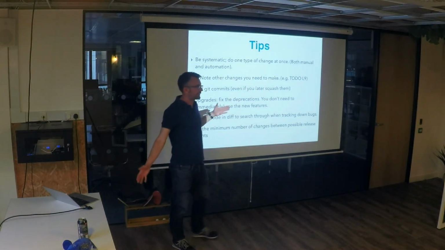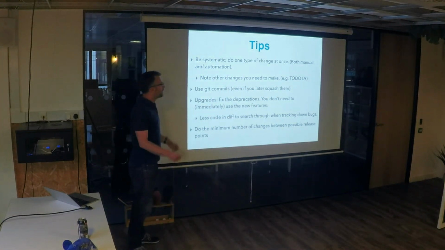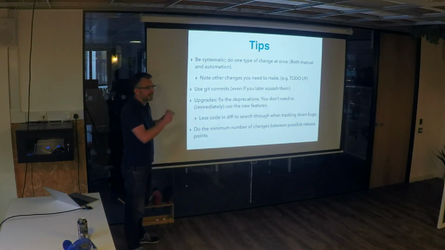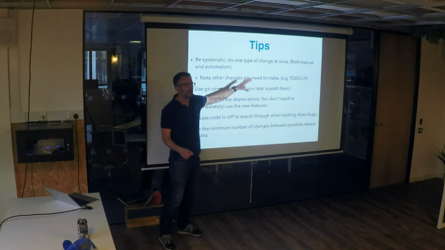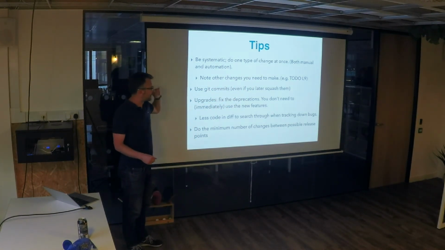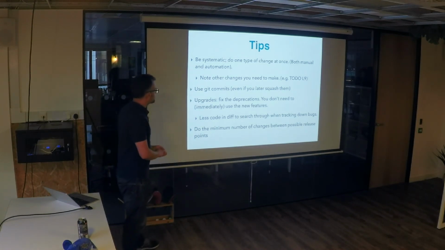So all of our tasks, and this was kind of like a safety net. So if we saw something that needed to be done, but it wasn't the exact task we were doing now, we would keep focused on what we were doing, note it down, and have that TODO L9, and we'd know that because we do a check at the end, we'd know we wouldn't miss that. So it just gave us a bit of comfort.